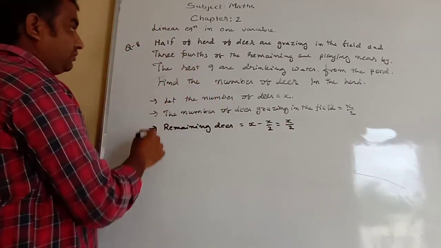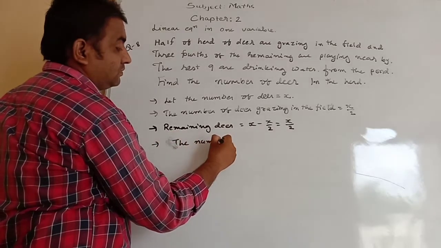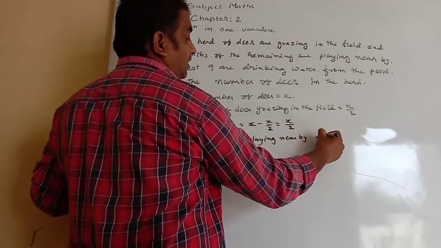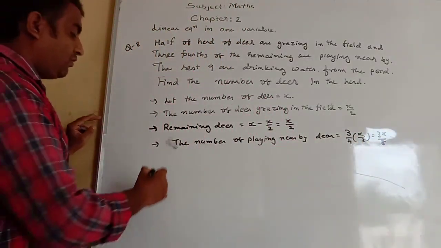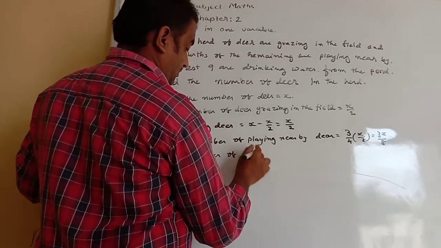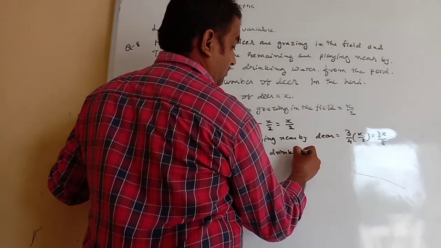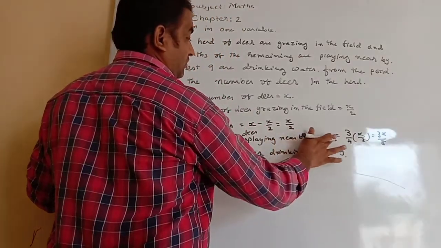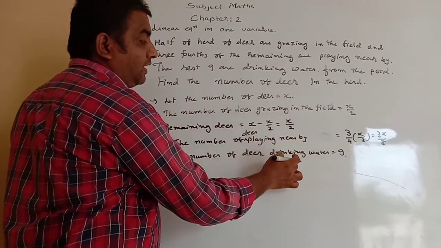And 3/4 of that are playing nearby, so the number of deer playing nearby will be 3/4 of x by 2, which is 3x by 8, and the ones drinking water are 9.